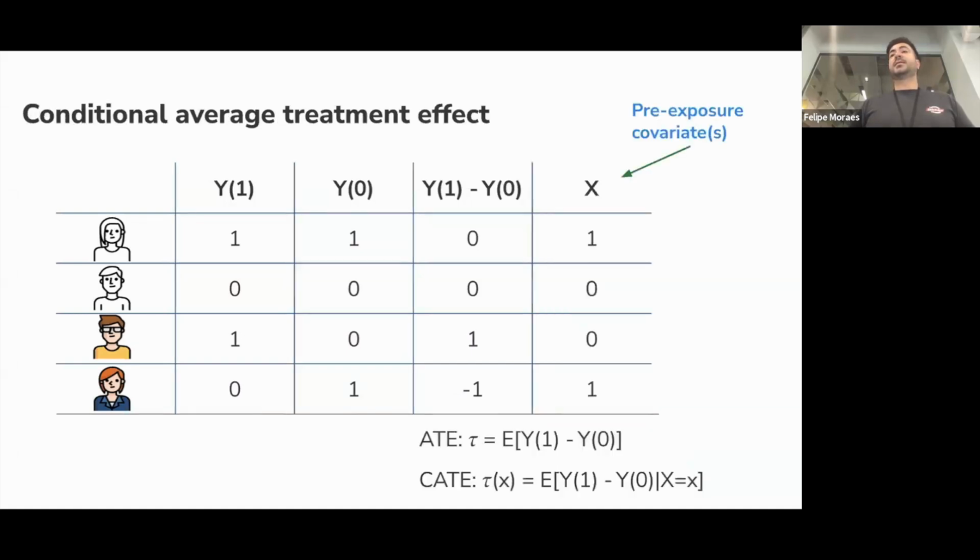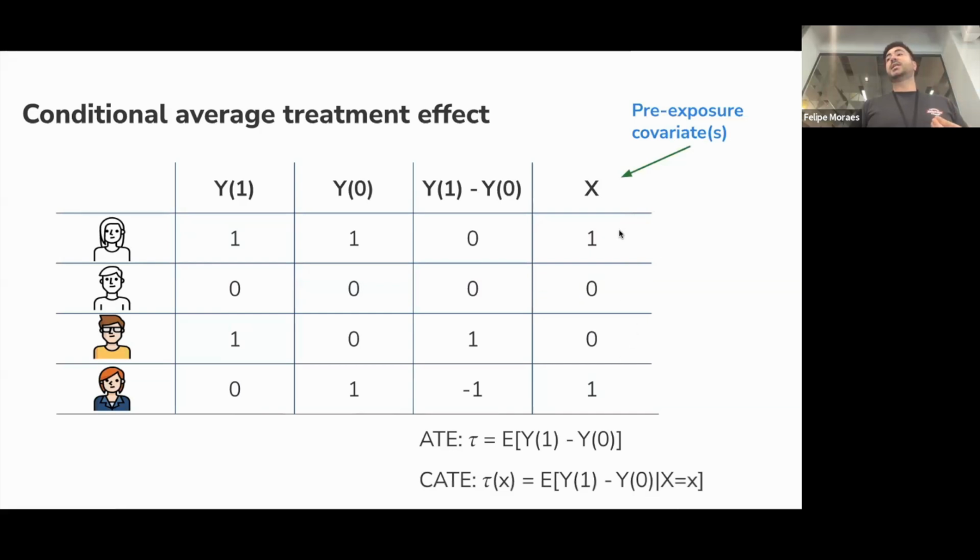Another definition I want to bring to you is the conditional average treatment effect. Let's say that I want specific users, a specific set. I have what we call a pre-exposure covariate or a feature of this specific user, and I want to condition my effect on this type of users.